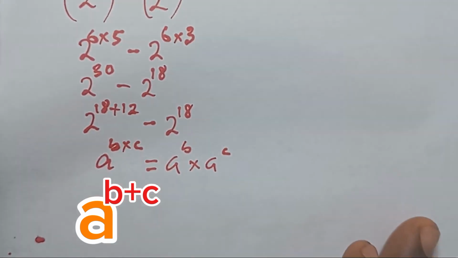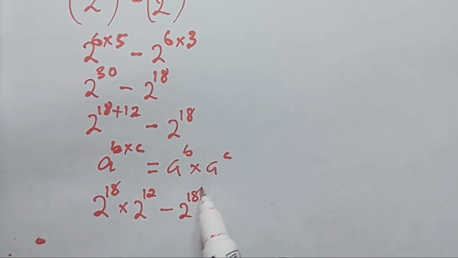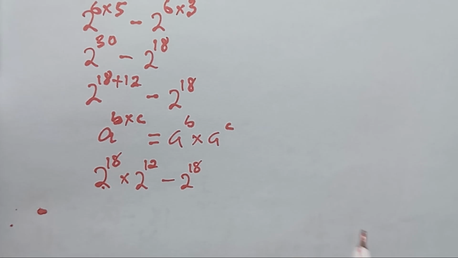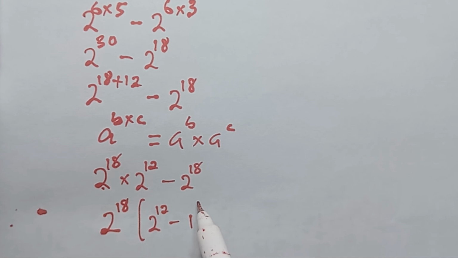So using this rule, I can expand this as 2 power 18 multiplied by 2 power 12, and then minus 2 power 18. You can see that I've got 2 power 18 common, so I can factor it out: 2 power 18 into 2 power 12 minus 1.